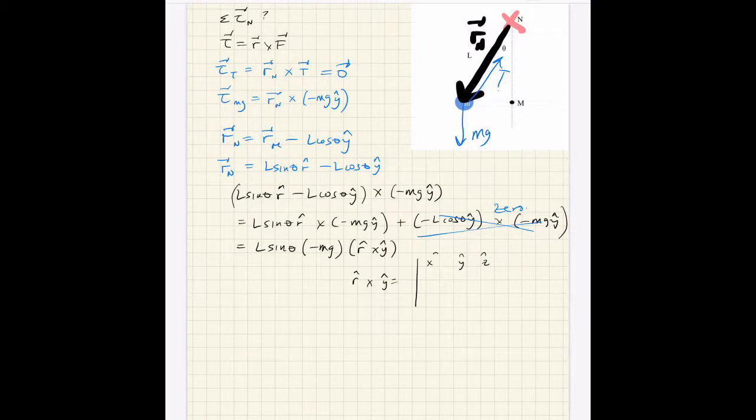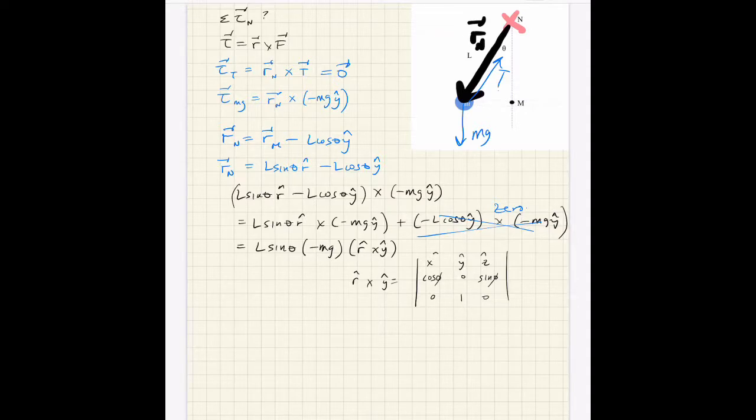This is an X hat: cosine phi, 0, sine phi, and Y hat, magnitude of 1 there. I already know that R hat crossed with Y hat is going to be something like the minus theta hat direction. I'm using the right-hand rule that I was trying to explain to you guys.